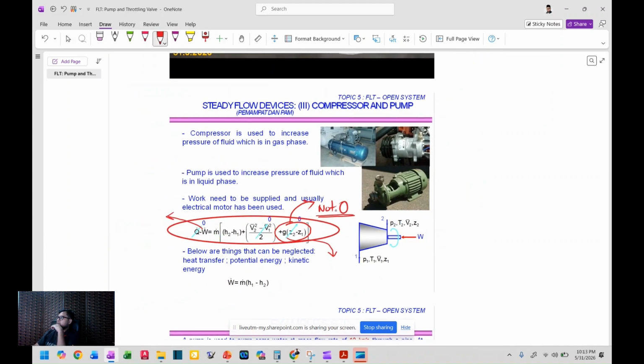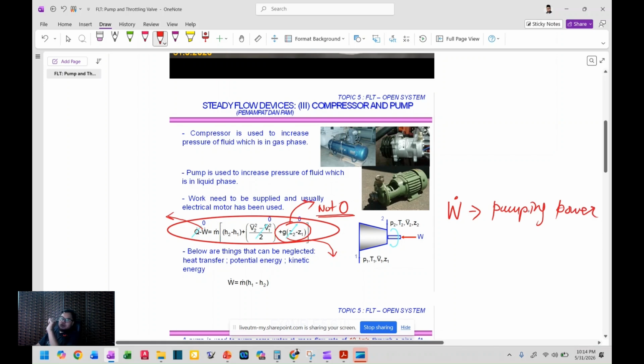So for a pump, the W dot is the pumping power, the power required to drive the water from a low elevation to a high elevation. Usually, the pump has a pump rating, so that power rating will give you information on the W dot. And then the m dot is the mass flow rate. This one is the normal business.